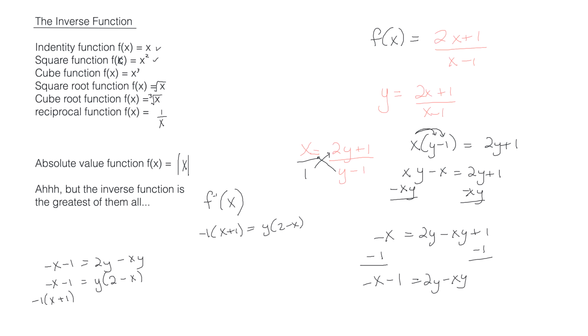I'm going to divide this side by y. No, sorry. You forgot what you were doing. I'm going to divide this side by 2 minus x because I want the y by itself. Now I have minus 1 times x plus 1 over, factor out another minus 1.